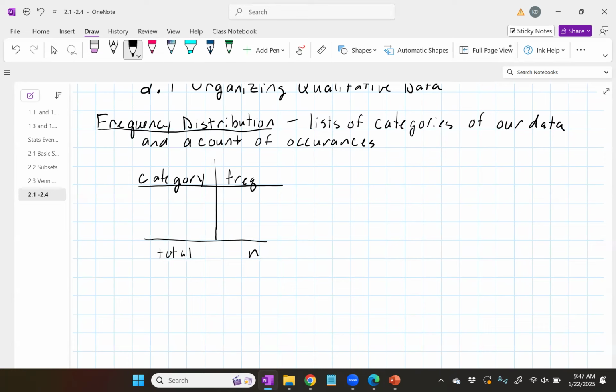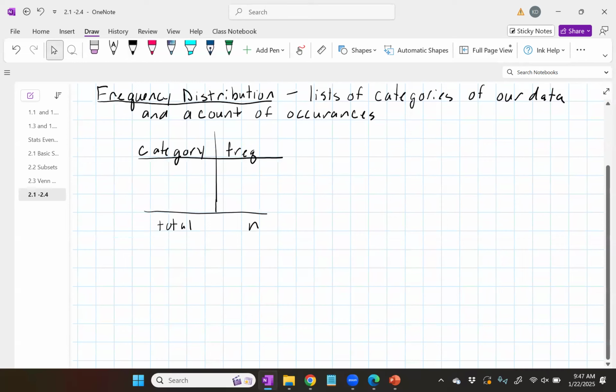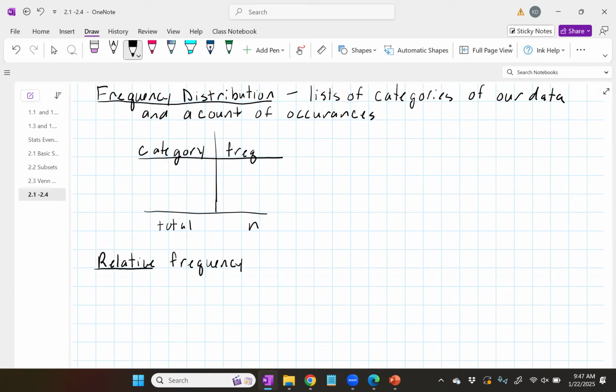Most people have seen something similar, if not this exactly. I'm going to introduce the next two things before we play with our data set, because then we can do them all together. The next thing is a relative frequency. Anytime you see the word relative, it's a percent.